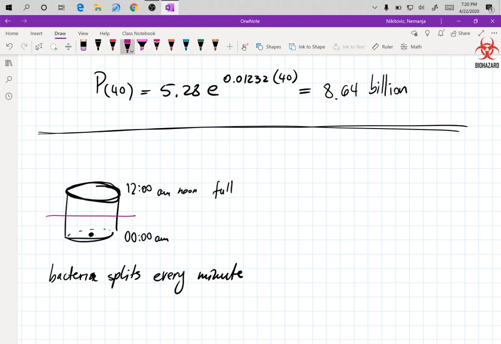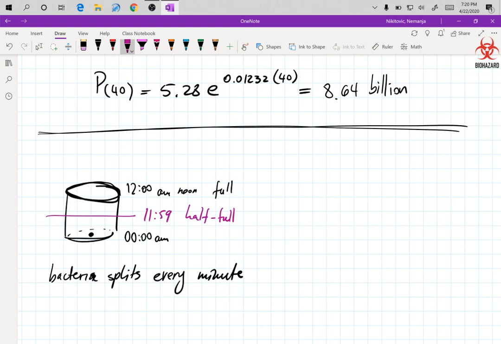All of you who said, well, clearly at 6 a.m., you are wrong. Not at 6. It's at 11:59 that it was half full. Why? Because think about it.